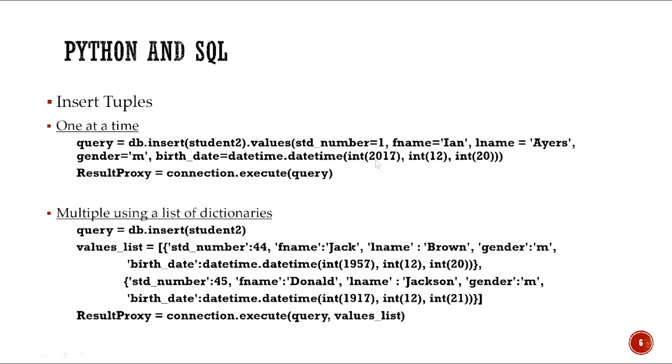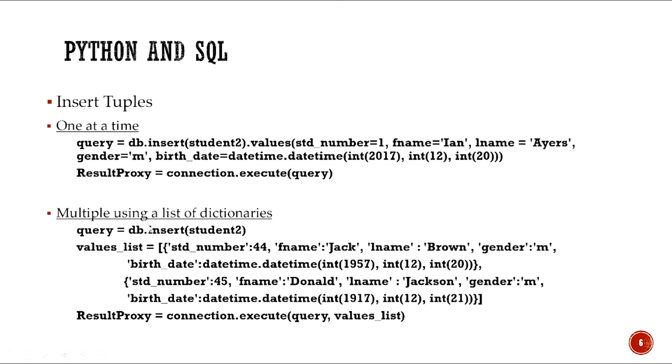Then we have the 4-digit year 2017, 12, and 20. And again, we need to execute this query first to make sure that it is assigned to the table.